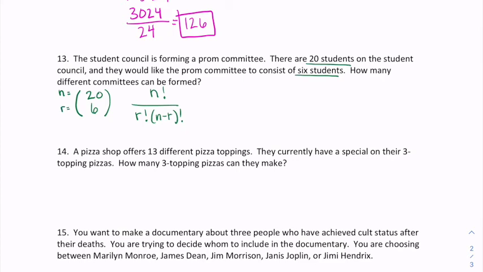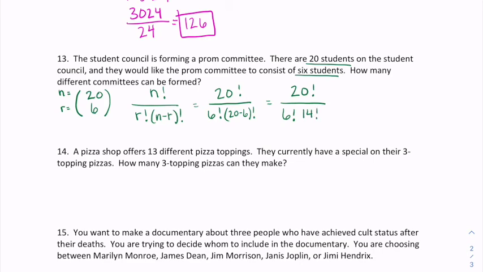So if I plug into this formula, I will have 20 factorial over 6 factorial times 20 minus 6 factorial. If I simplify that down, I have 20 factorial over 6 factorial times 20 minus 6, which is 14 factorial.